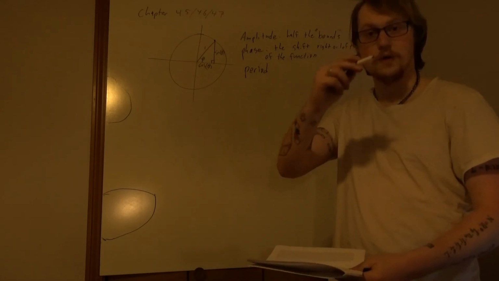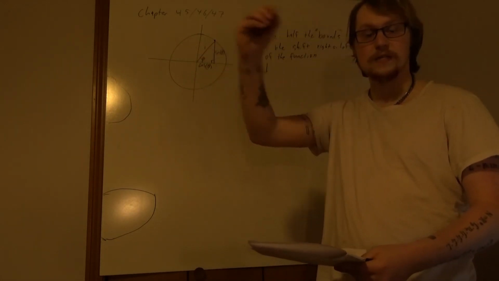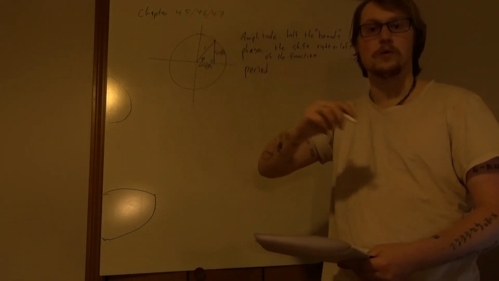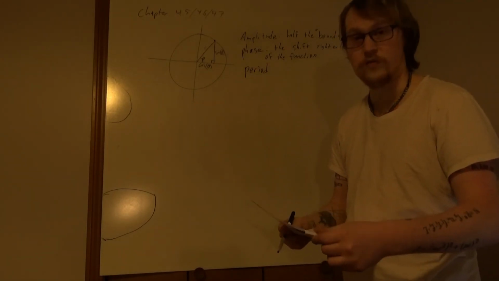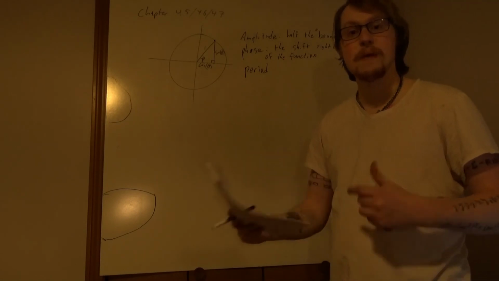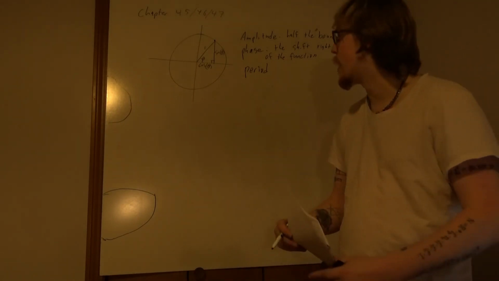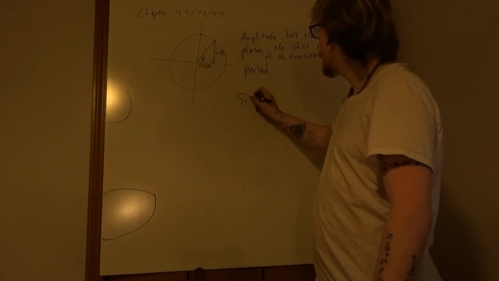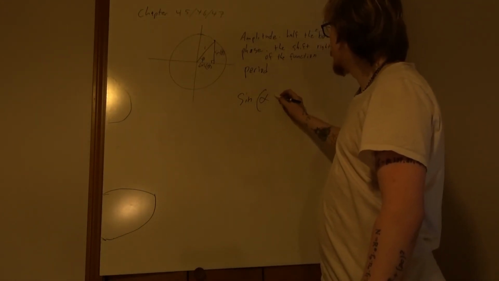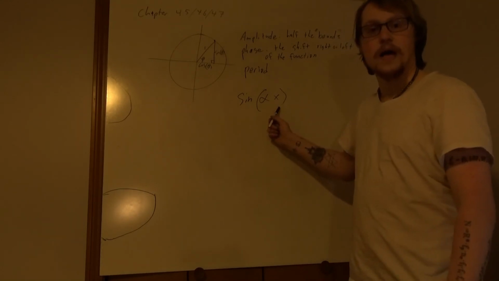And when you look at the graph of sine and cosine, the distance between successive peaks or successive troughs is going to be exactly 2 pi. However, there are ways we can manipulate this. The first step is we are going to have some alpha that we multiply by x.